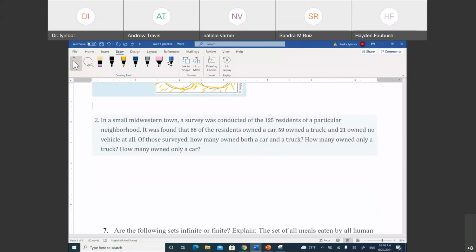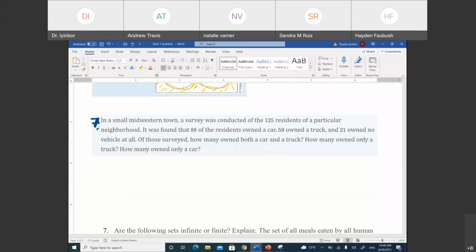And number 7 should be this one, which is also from your book. Okay, that's number 7. And let's go ahead and read this.